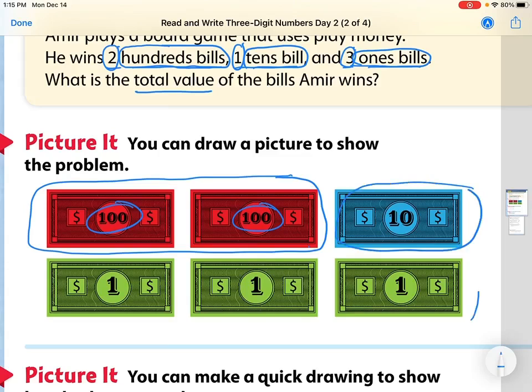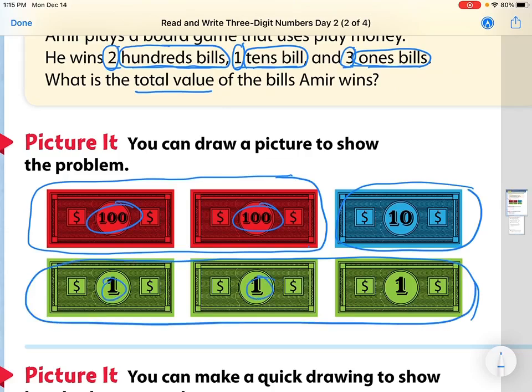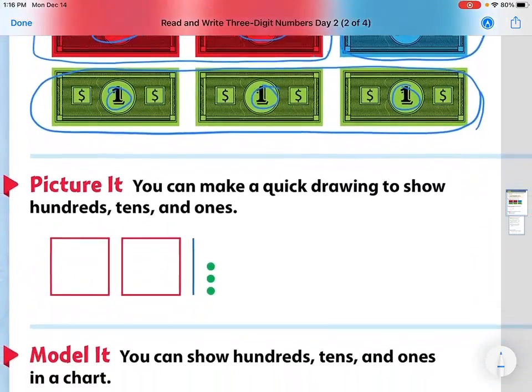And he won 3 ones, and so there are the 3 ones. And I can easily see the numbers on the bills, and I can kind of tell how much money I have there, okay? So that's one way you could go about solving the problem. And I see we have 2 hundreds, a 10, and 3 ones.